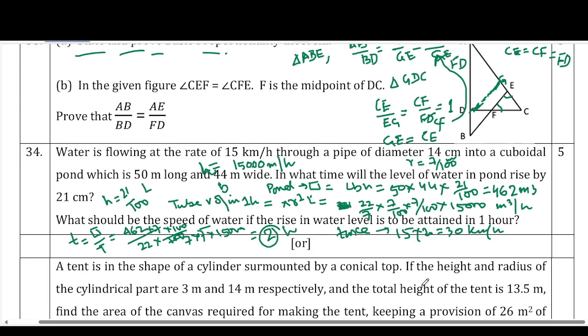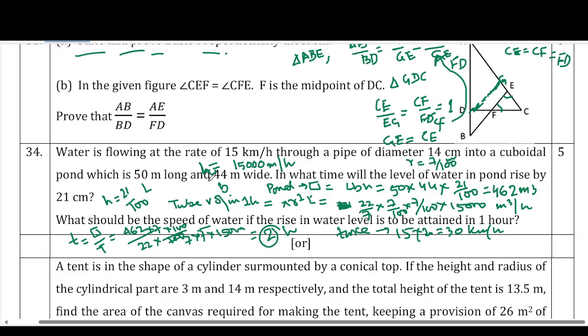Now next: water is flowing at the rate of 15 km per hour, so convert it into meters per hour, through a pipe of diameter 14 centimeters, take it in meters, into a cuboidal pond which is 50 meters long and 44 meters wide. In what time will the level of water in the pond rise by 21 centimeters? Take it in meters.